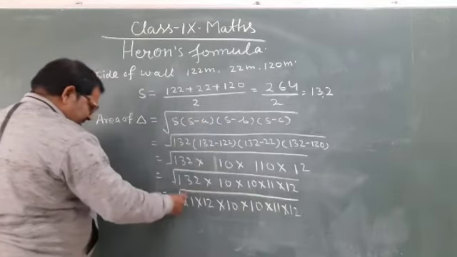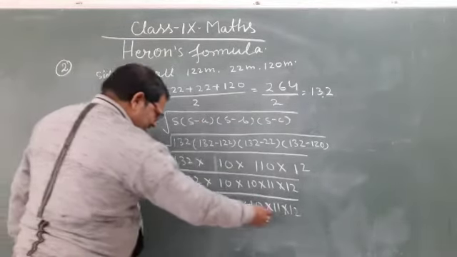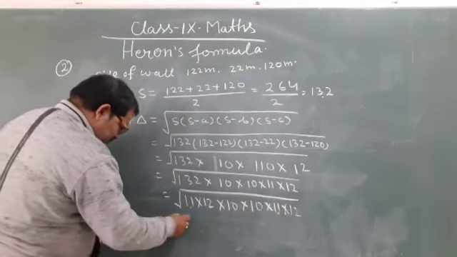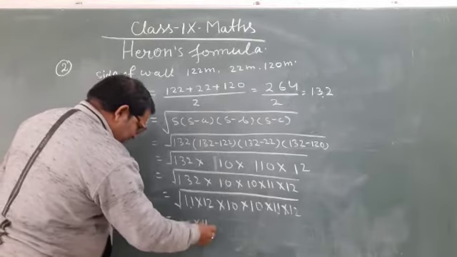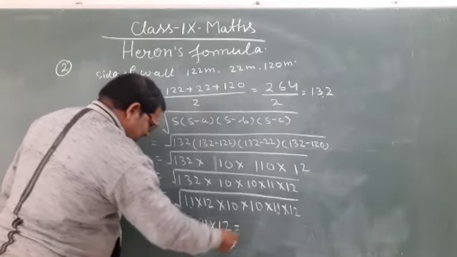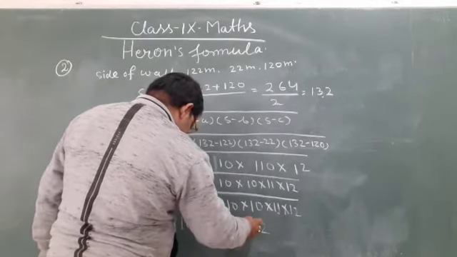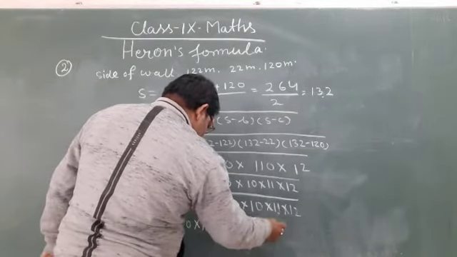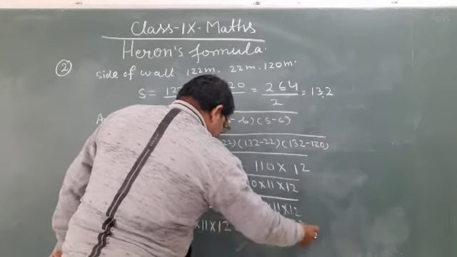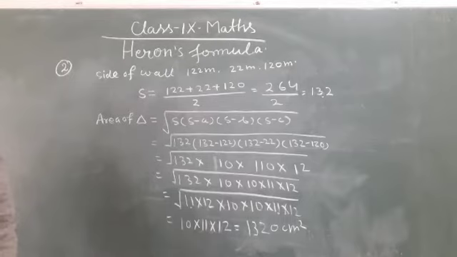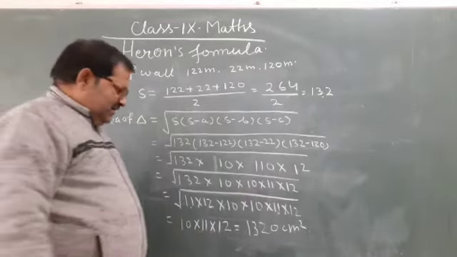Now make pairs: 11 11, 12 12 and 10 10. So 10 into 11 into 12, 1320 meter square is the area of the triangle.